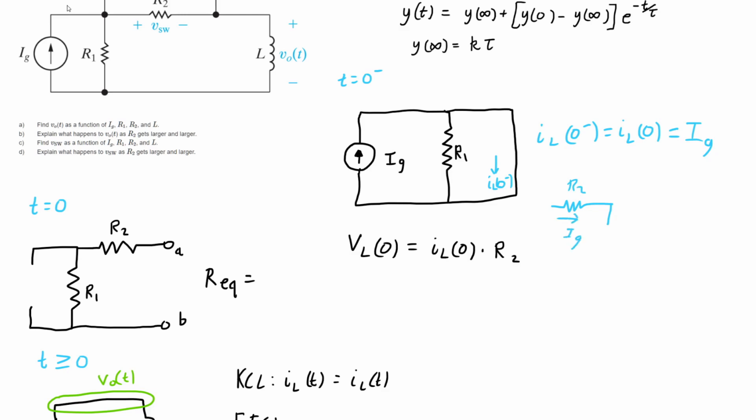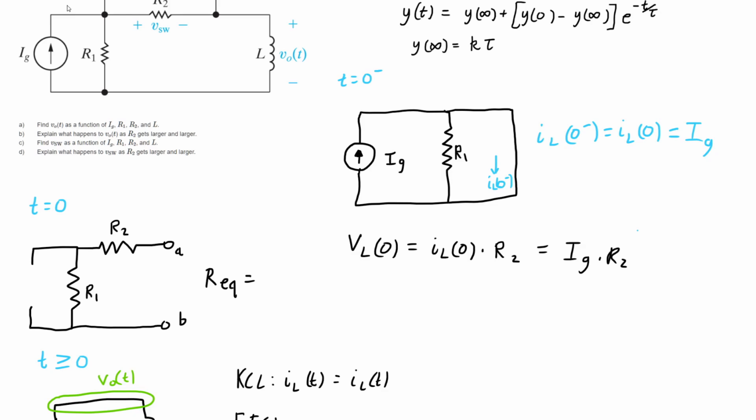Say IG at 0 minus is also going to be the same. So you can say that VL0 is going to be IG times R2. V equals I times R. The voltage drop across that resistor is proportional to the current flowing through it. So that'll give us our VL0.